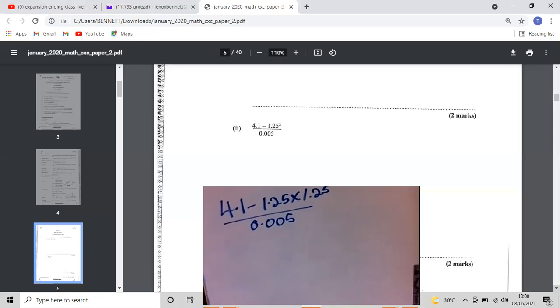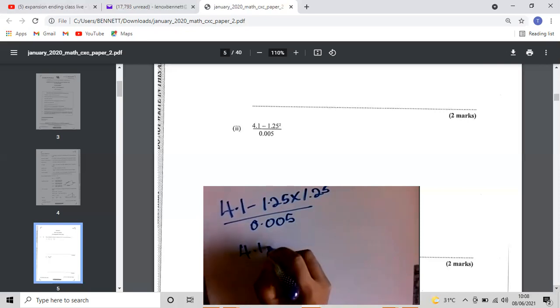All right. This is paper 2, so you are allowed to use your calculator. So let me just get my calculator. It's 1.25 times 1.25, and that gives me 1.5625.